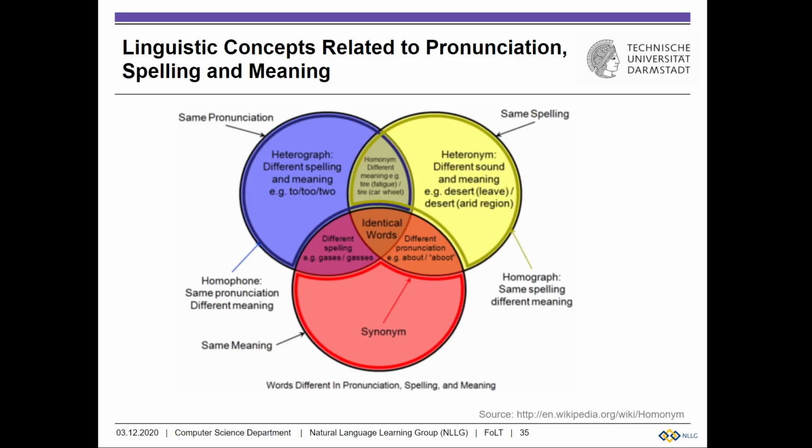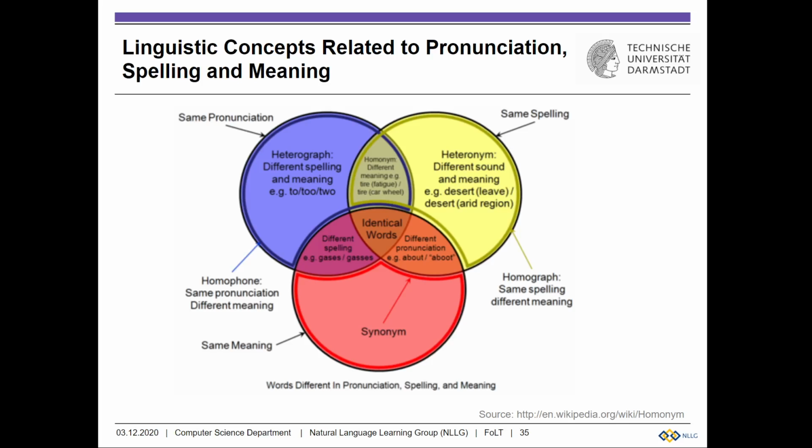We could look at grammar or syntax, but we can also go a little bit further down in the linguistic hierarchy, so to speak, and check spelling and the pronunciation of words. And there's an interesting relationship between pronunciation, spelling, and meaning, right? And we can classify those.